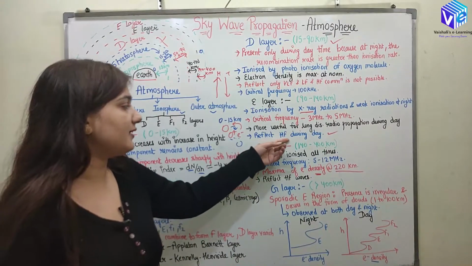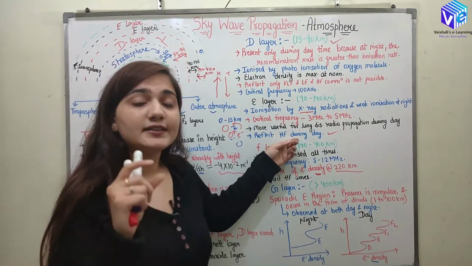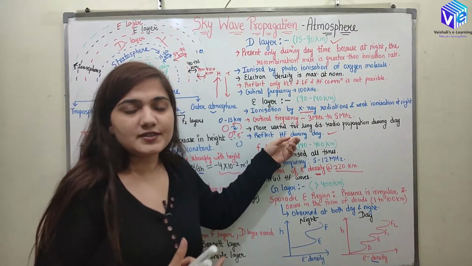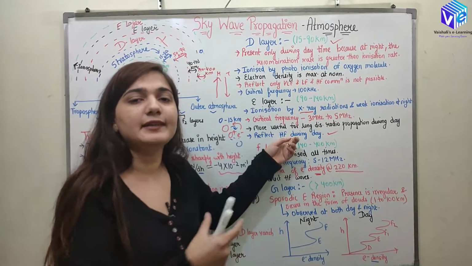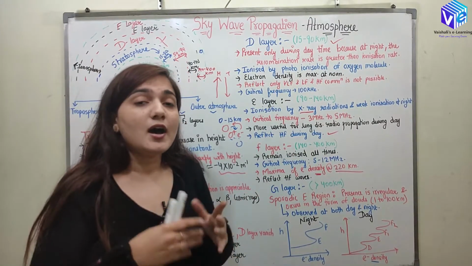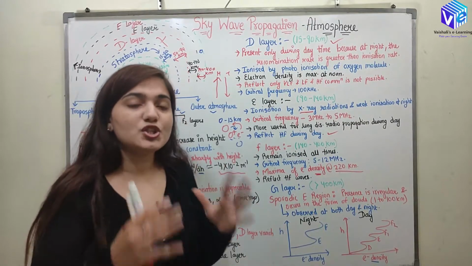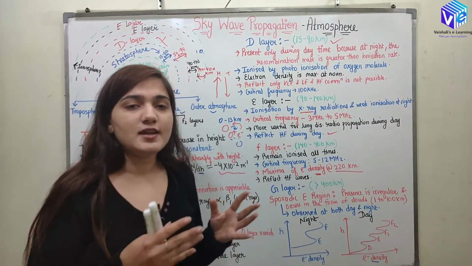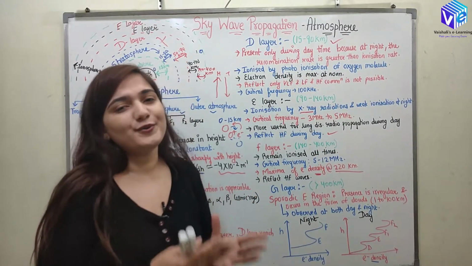So it will reflect the high frequency during the daytime, because the X-rays are higher and much more in concentration in the daytime than at night time. Reflection of high frequency requires a large number of ions, which are more in number during the daytime, because X-rays are more during the daytime.